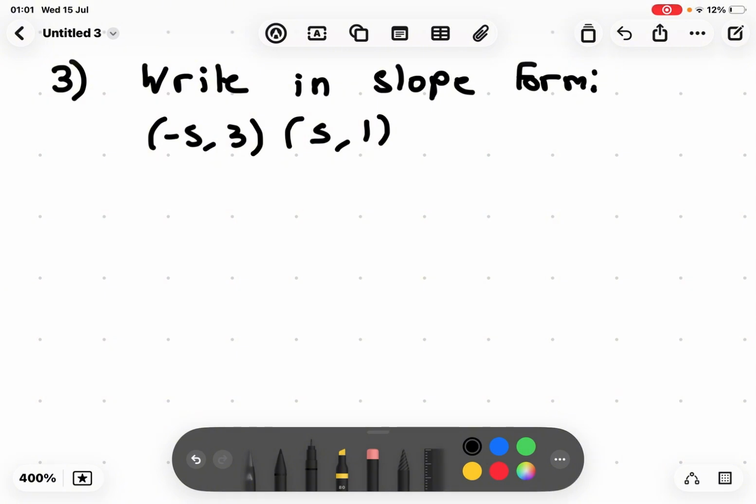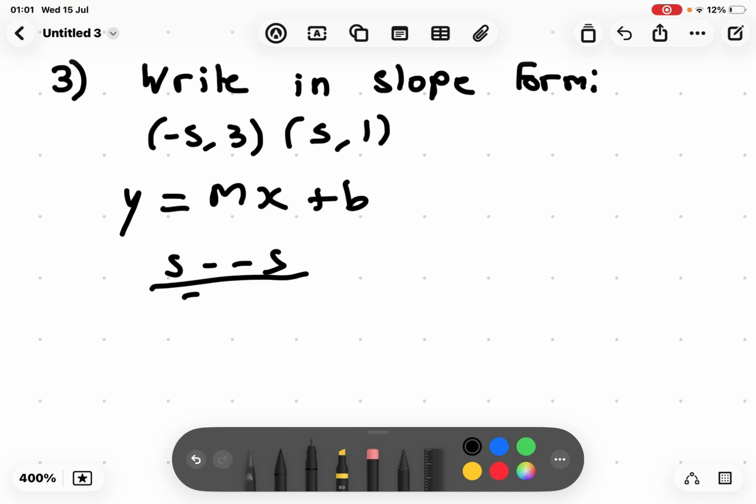And you have to write it in slope form. Slope form, you already should know this. Again, remember this. So, y's, and then x's.